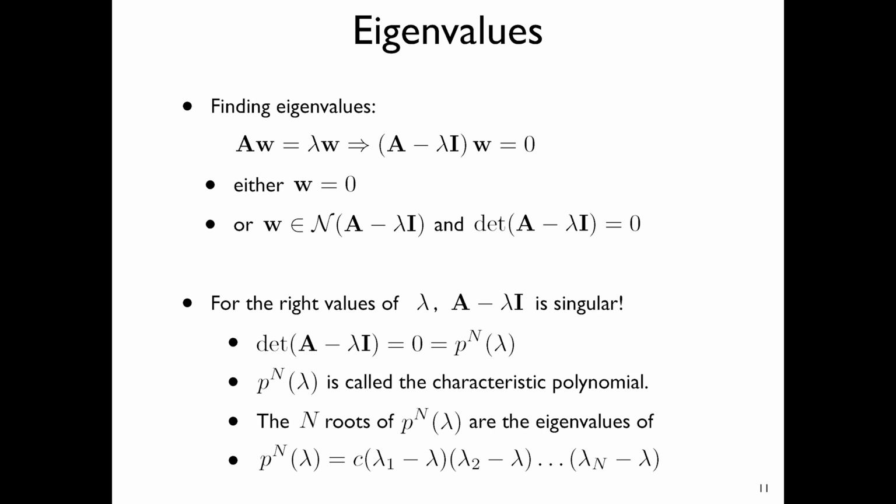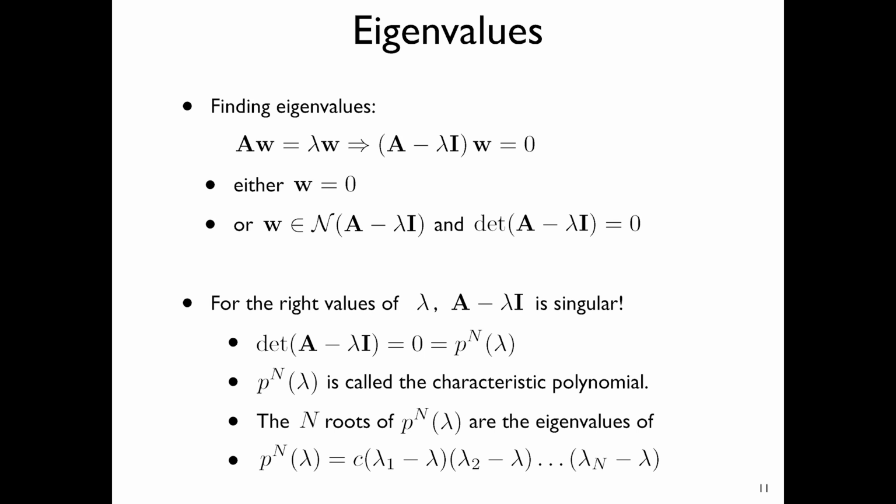The solution is either W equals 0, or the eigenvector W belongs to the null space of this matrix. It's one of those special vectors that when it multiplies this matrix gives back 0. It gets projected out on transformation by this matrix.